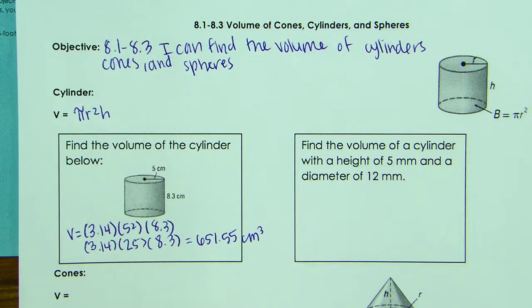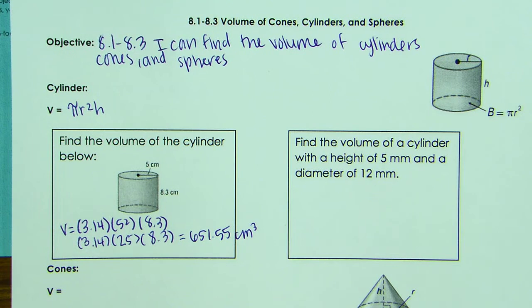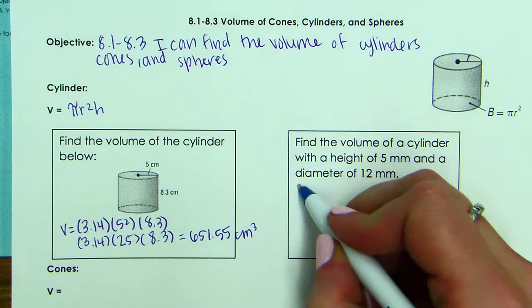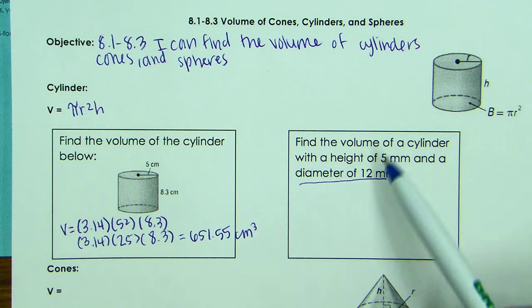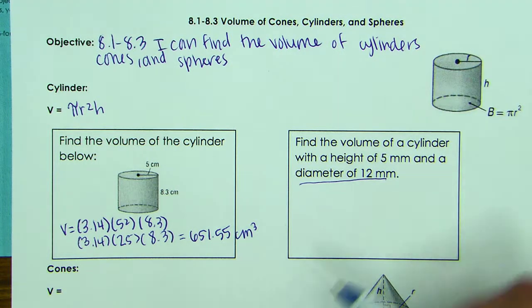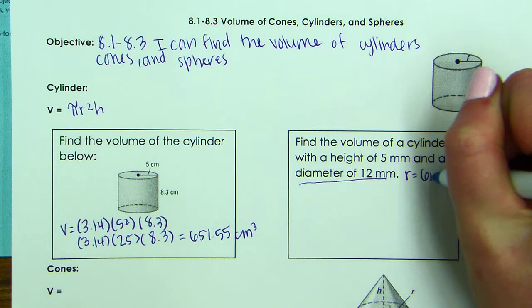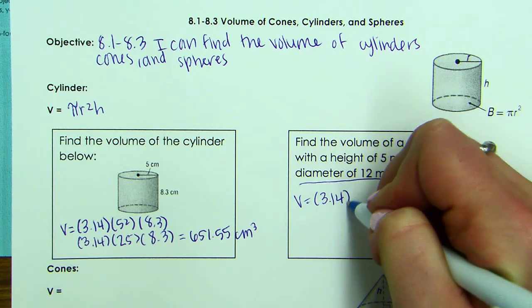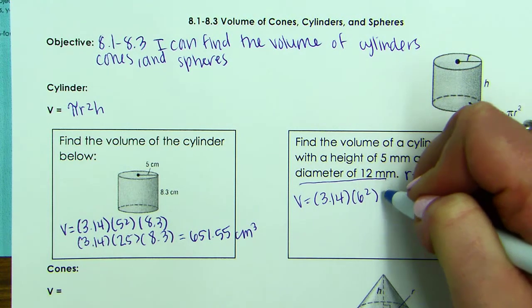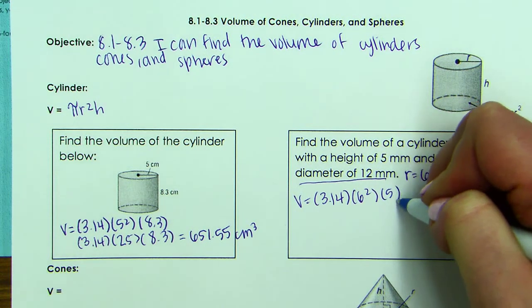The second one says find the volume of a cylinder with a height of 5 millimeters and a diameter of 12 millimeters. We need the radius for our formula. If the diameter is 12 millimeters, that means all the way across the circle is 12, so the radius would be halfway across, which is 6 millimeters. So I will do volume equals pi, we're going to use 3.14, times my radius squared times the height of 5.